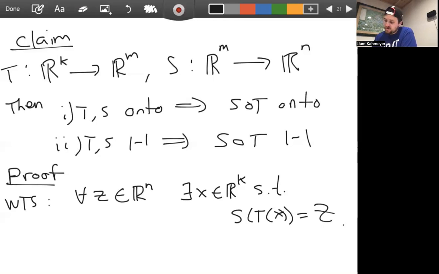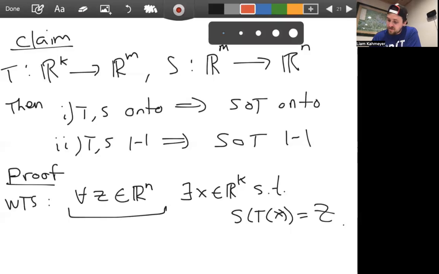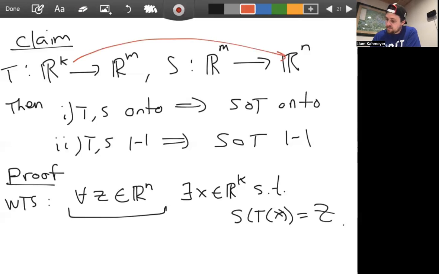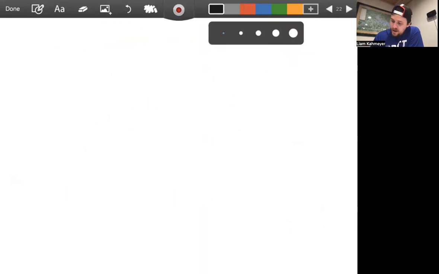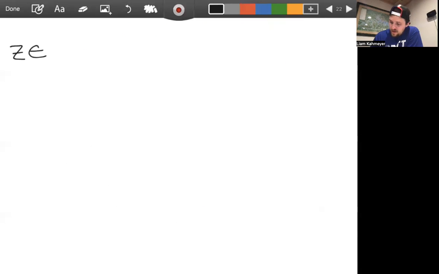So how could we show this? Well, what do we start with? We're starting with some element in the codomain of the composition, because remember, the composition is a map from Rk to Rn. This is S composed T, because it's T first and then S. So let's start with Z in Rn.